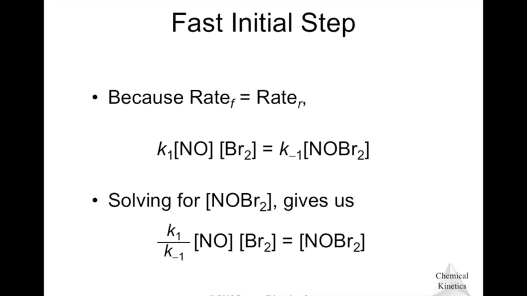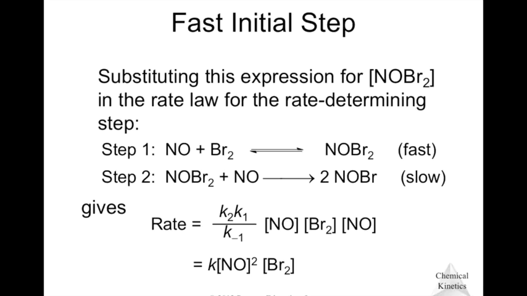Because of that, we can rewrite our rate expression like this. So K sub 1 [NO]^2, which is what it was in the overall reaction, equals the reverse of that. If we solve for the concentration of NOBr2, this is what we get. Now that we have a new way of expressing our concentration of NOBr2, we can plug that into its spot in our slow step, so right here.